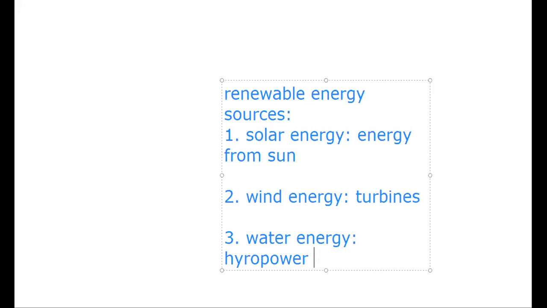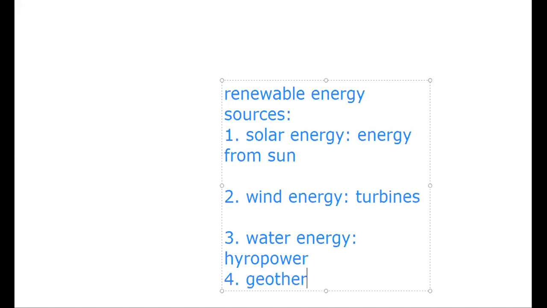This kinetic energy of the water can be used for generating electricity. All of these resources, solar energy, wind energy, and water energy or hydropower, are renewable. We have unlimited amounts of them. We can use them more and more forever. They will not finish.